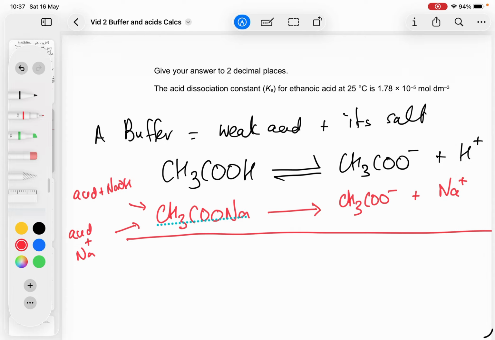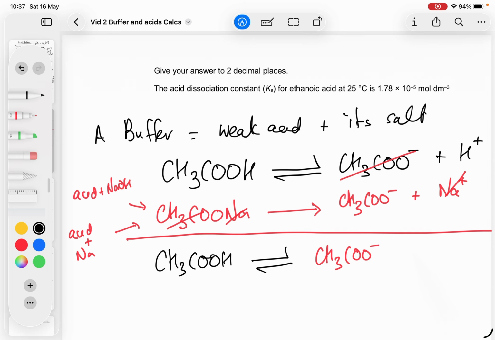When we add the acid and the salt together, you get this. The sodiums cancel. The ethanoate cancels like this. And then you've got that, and that now is your buffer expression.